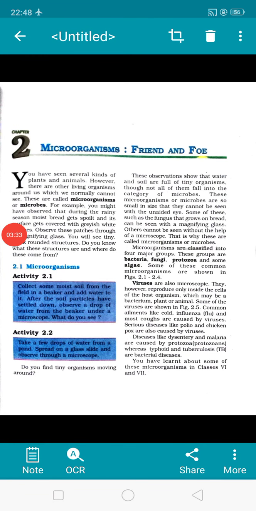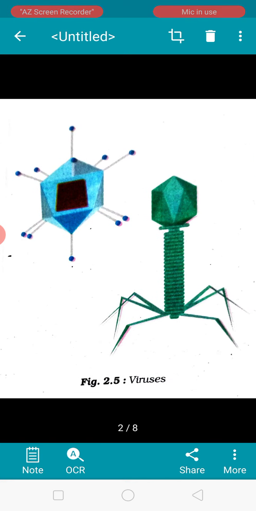Dear students, now all of us are facing the threat of COVID-19 caused by the coronavirus. Then what are these viruses? Viruses are also microorganisms. They can be seen only with the help of a microscope. They differ from other microorganisms in certain aspects.